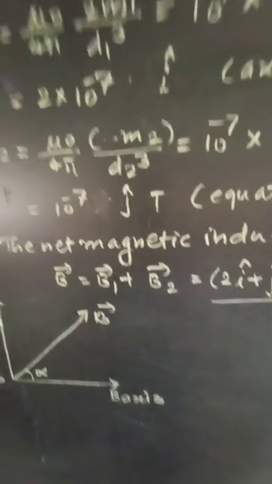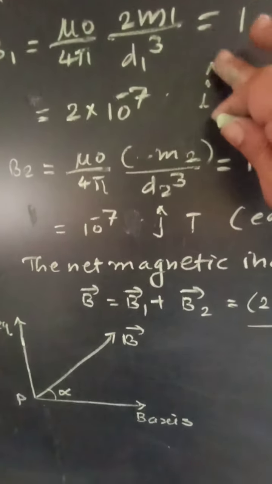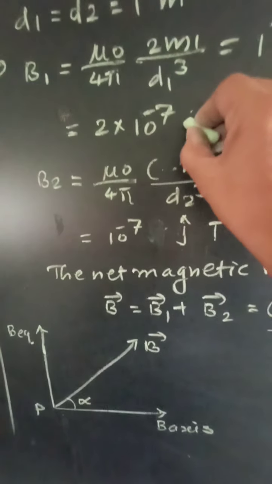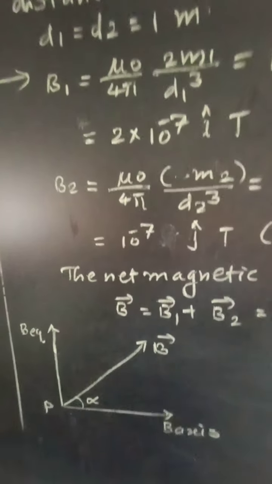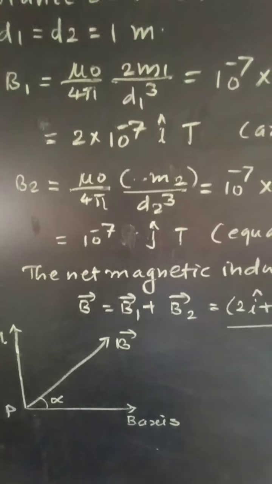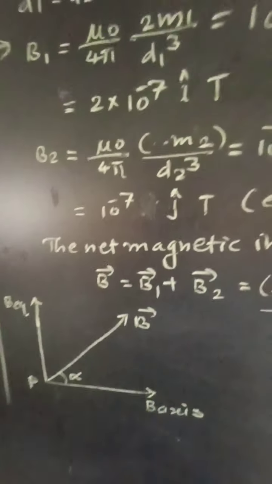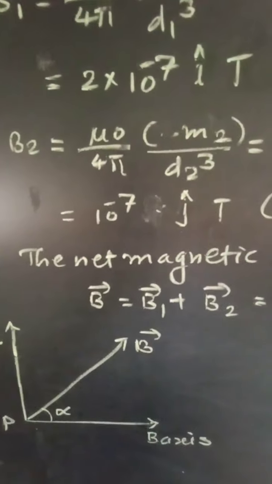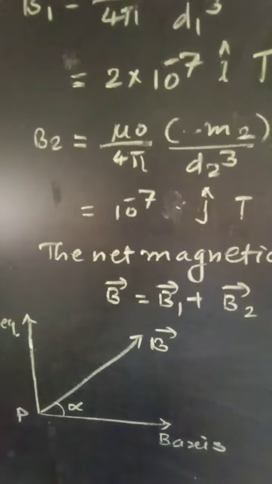Now in this case, the first one, B1, is equal to 2 into 10 raised to minus 7 I cap Tesla, and in the second case, B2 is 10 raised to minus 7 j cap Tesla.